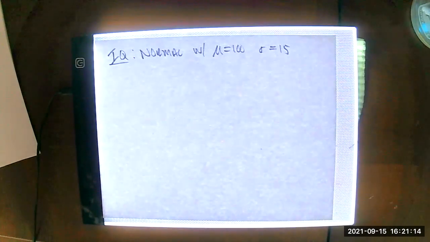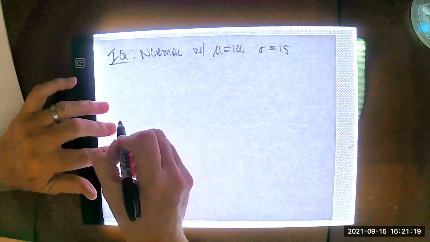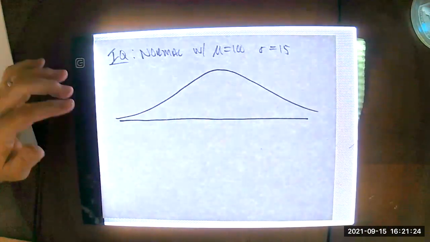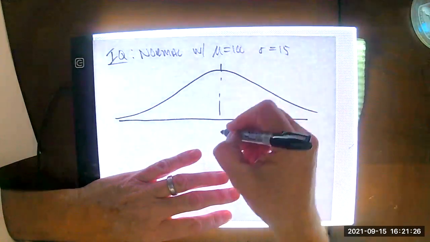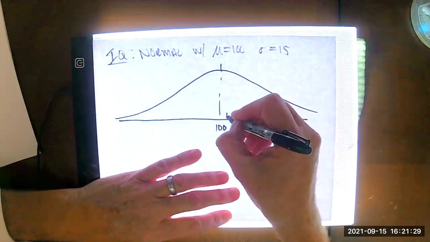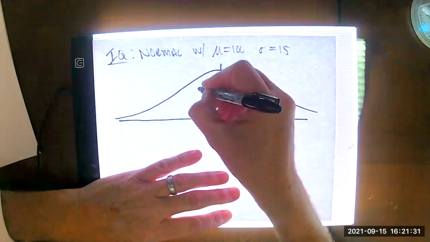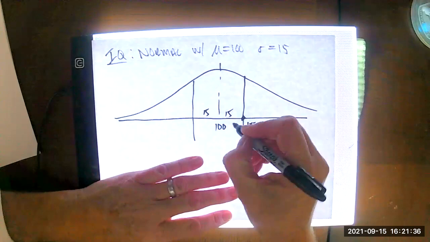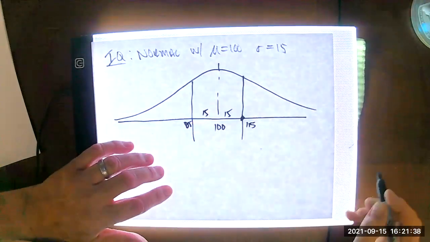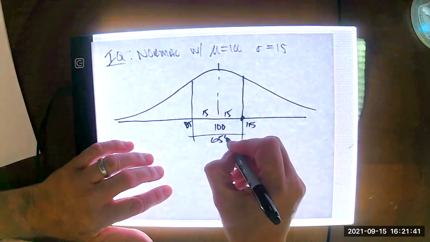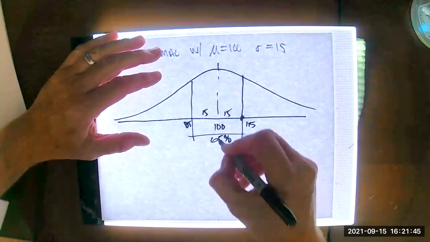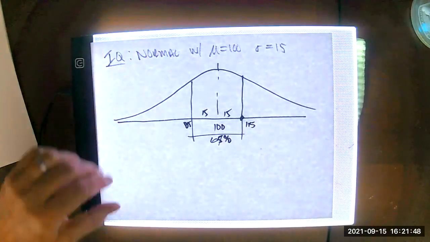So the empirical rule will look something like this. Right here in the middle, we got 100. If I take a step of 15 up and a step of 15 down, that gets me to 115 and 85 on the low end. 65% of humanity finds their IQ in that range. Sorry, 68%. Wow, bad, Chris.